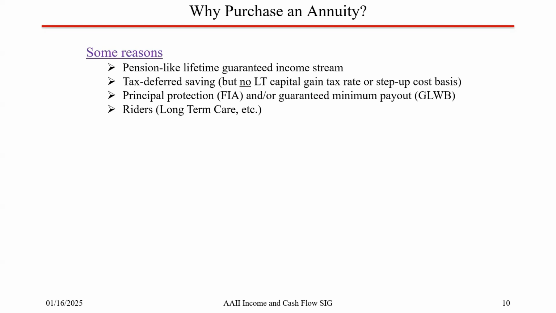Somebody who bought Microsoft stock in 1990 is going to sit on it forever and use it as a legacy to pass on to the beneficiaries, because when the beneficiary gets it, the cost basis is stepped up. So all that tax is skipped.